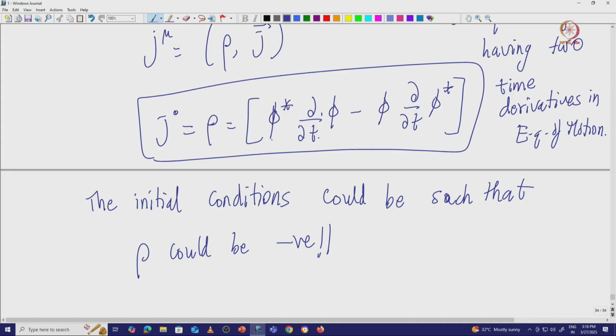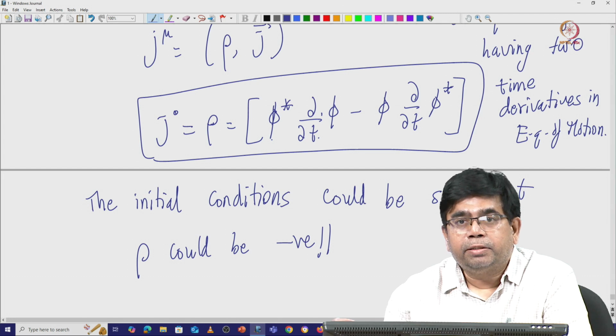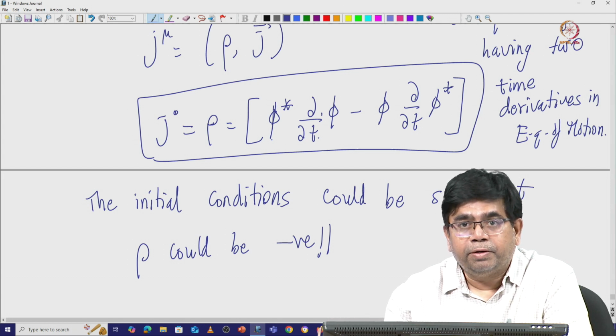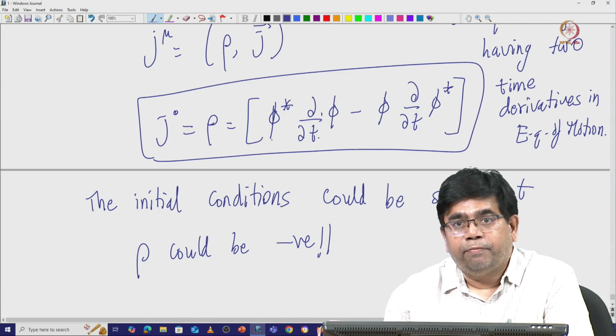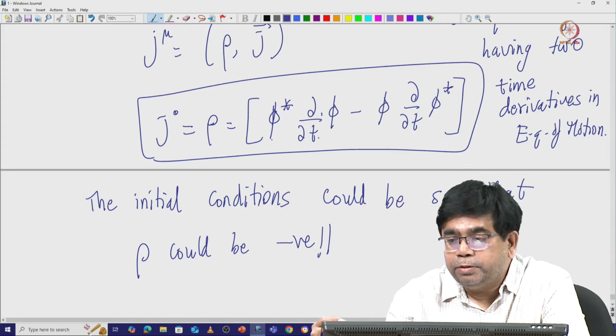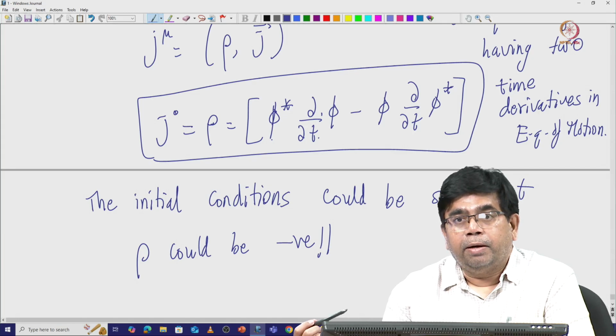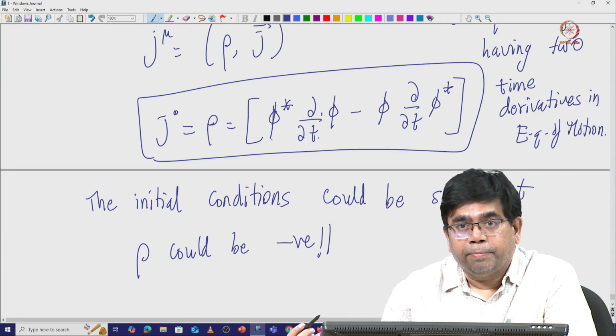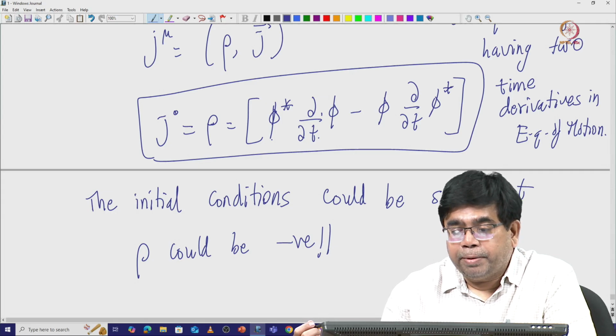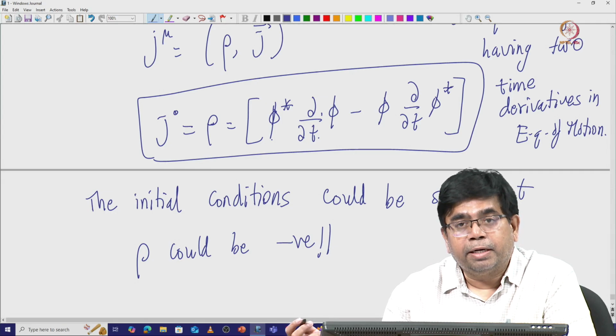Now you can always choose an initial condition, because you have to give two initial conditions while solving the Klein-Gordon equation, because it is a second order differential equation. So you have to choose phi and del phi by del t, two different initial conditions. So suppose I choose a very different initial condition for del phi by del t compared to the initial condition for phi.